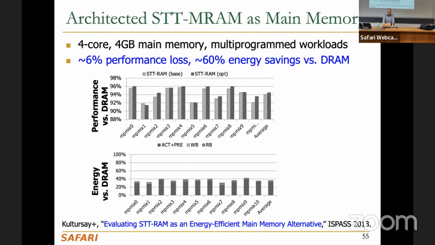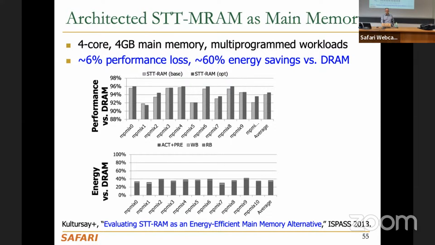By architecting STT-MRAM as main memory, using the same methodology, you can see that we have less performance loss compared to PCM. It's only 6%. And we even have 60% energy saving compared to DRAM, which is good.